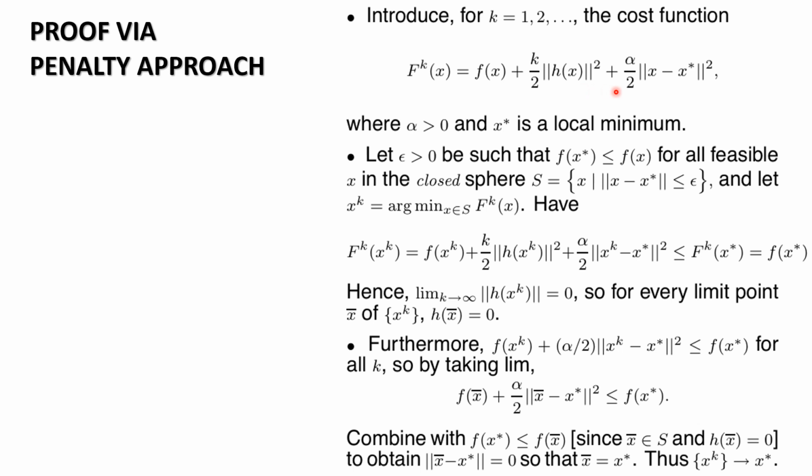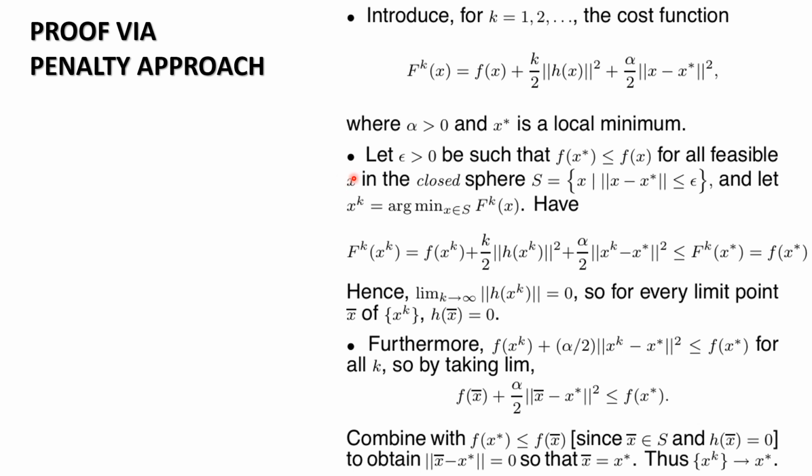Alpha positive is a fixed regularization weight. x star is a known local minimum of the constrained problem. This penalty function encourages both constraint satisfaction, h(x) tending to 0, and proximity to x star via the regularization term.